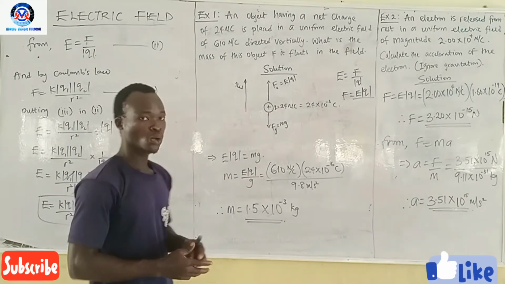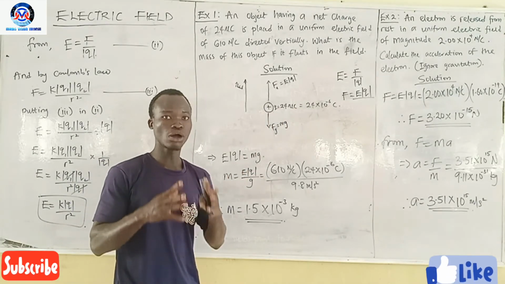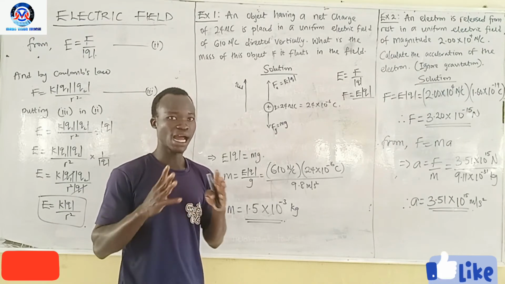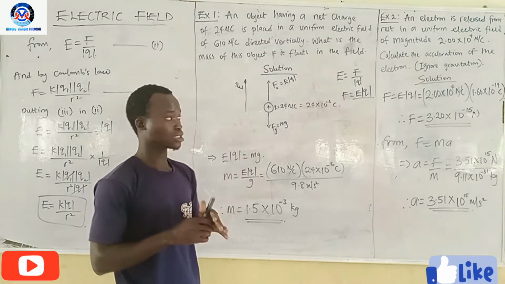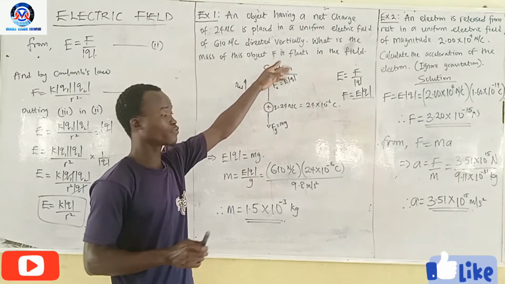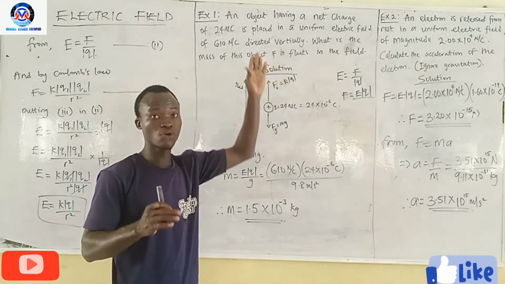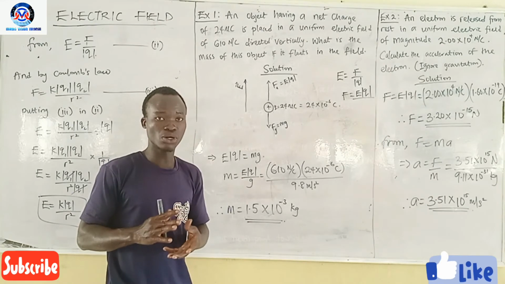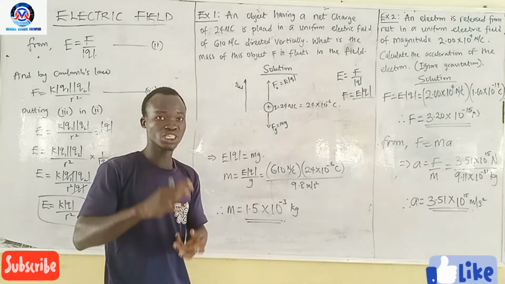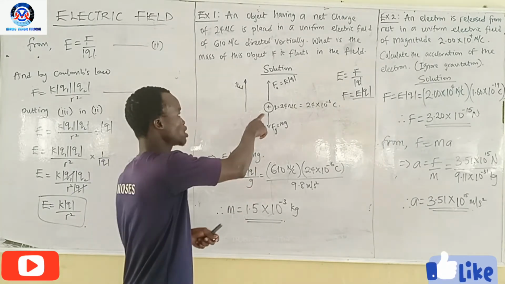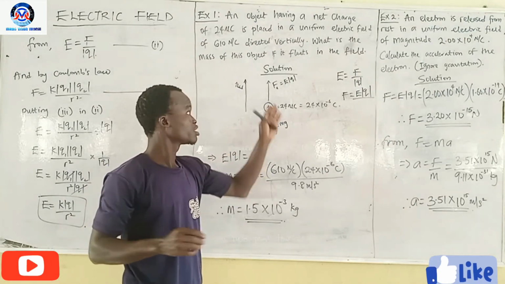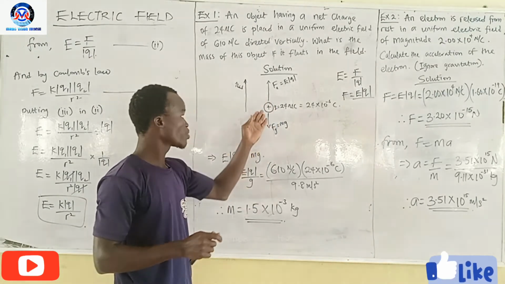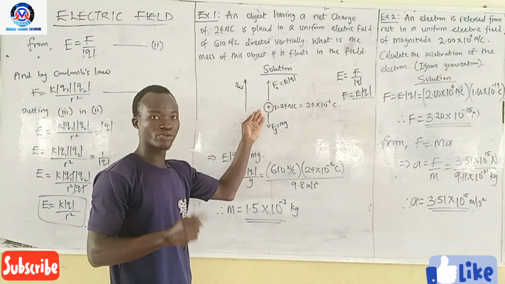Now, from the question, we are told that the charge did not move in any direction, and that means that the charge is static. It's static because we are told that the body floats. So we want to find the mass of the body if the body floats in the field, that is, if the body did not move in the direction of the field. And why will the body remain static?